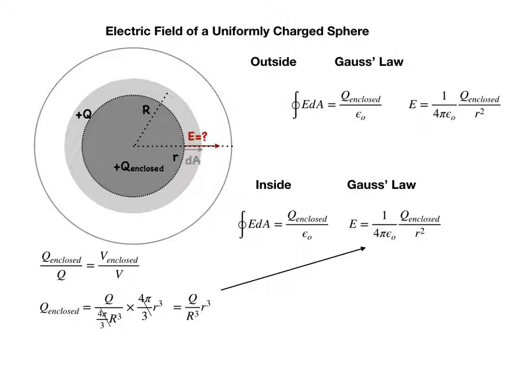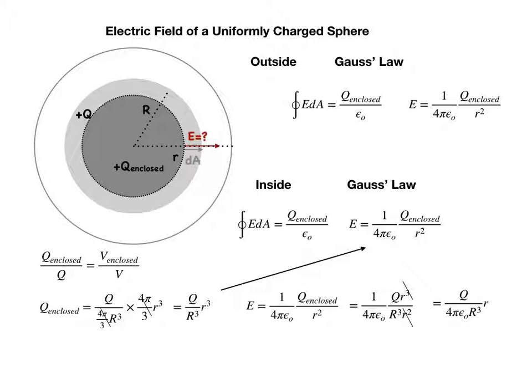Now with that expression, we can go back to Gauss's law and see that the electric field must be equal to 1 over 4 pi epsilon naught, q enclosed over r squared. And now we're going to replace the q enclosed with our expression, cancel r squared in the numerator and denominator of our fraction, and get for the final result q over 4 pi epsilon naught, the big radius, the radius of the charged sphere, cubed, times little r.